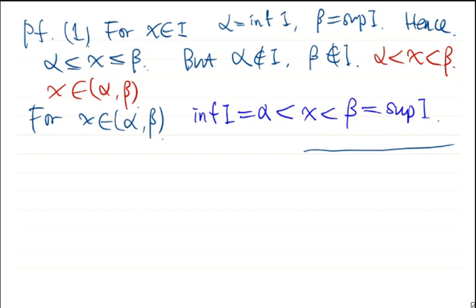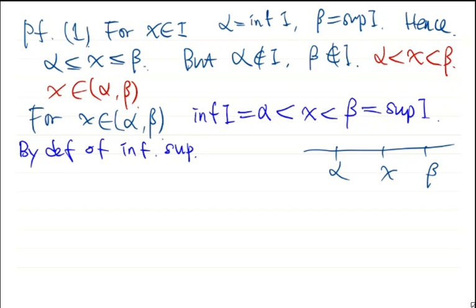Let's draw a picture. This is alpha, this is beta, and x is here. So by the definition of infimum and supremum, we see that there exists alpha prime here, and beta prime here.